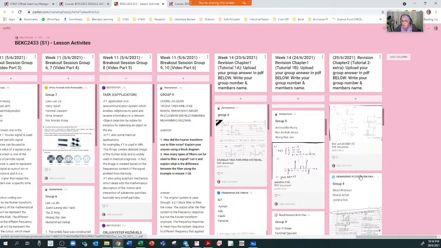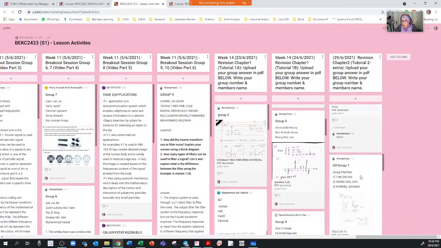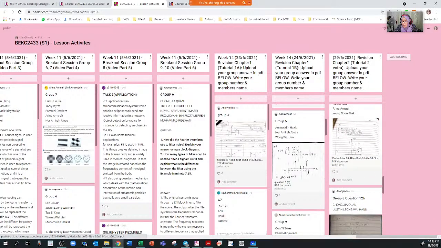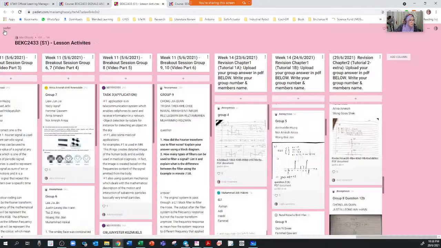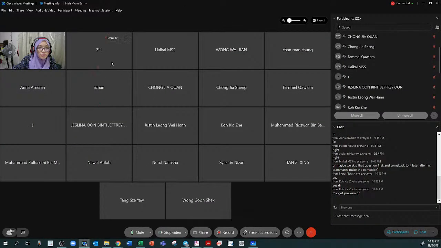Group 3. Okay, group 3, who are the members? Just now, who answered for group 1?